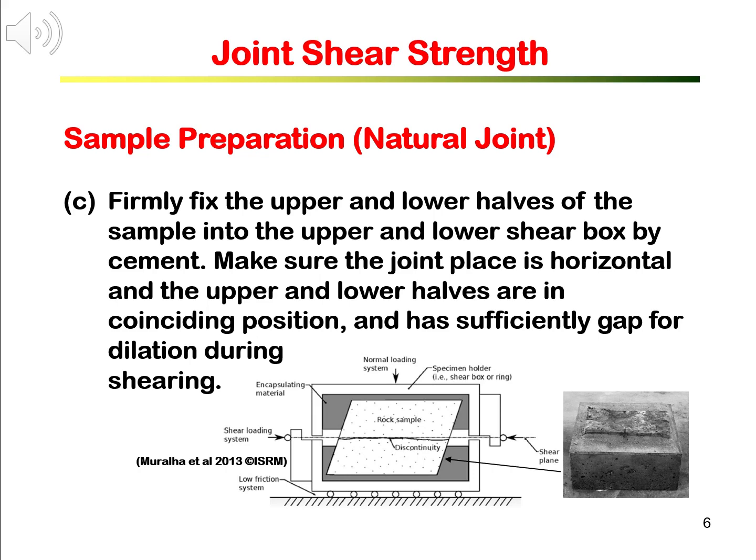While fixing with cement, make sure the joint plane is laid horizontally along the shear direction. The upper and the lower halves must be in coinciding position. The joint plane should be higher than the level of the shear box, so there is sufficient gap for joint closure during the loading and the shearing. That is, during the test, the upper and the lower shear box should not be in contact.